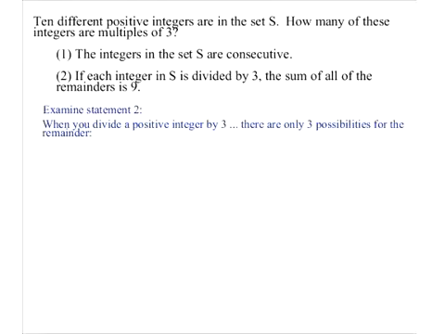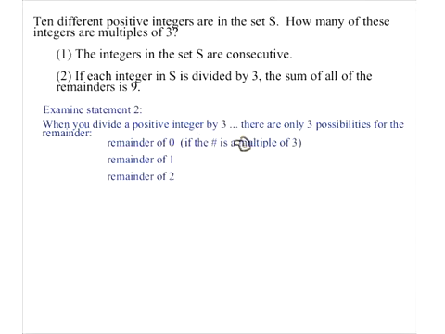You can get a remainder of 0 if the number is a multiple of 3. You can get a remainder of 1, or you can get a remainder of 2. So notice that if your remainder is zero, then that means you have a multiple of 3. So let's try to make 2 different possibilities here.